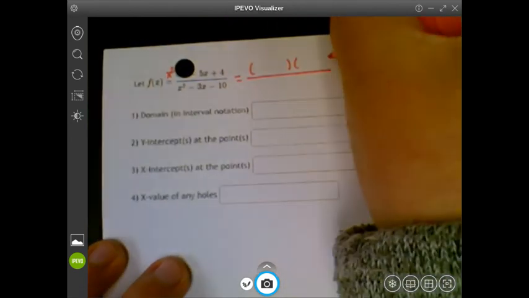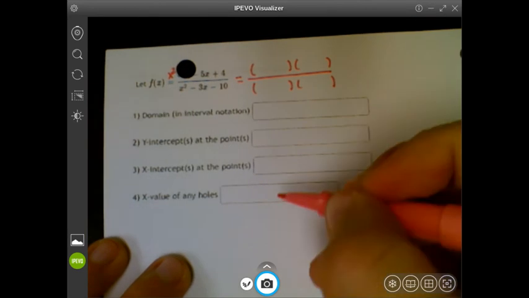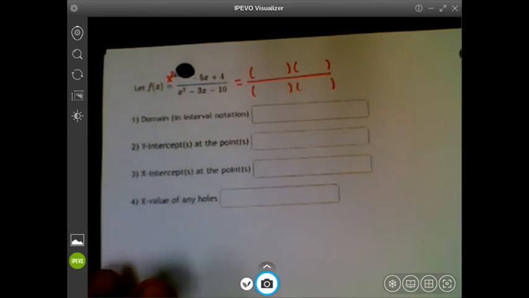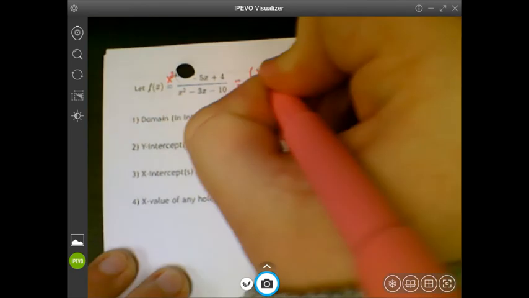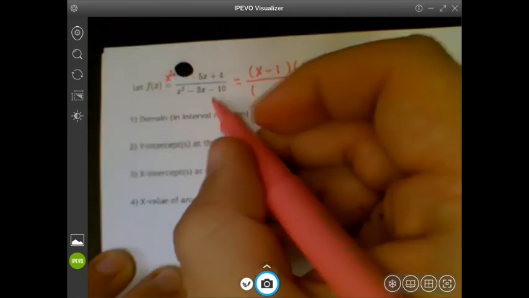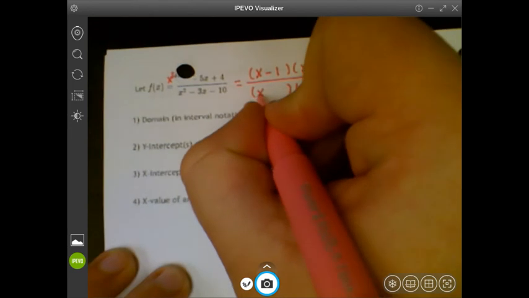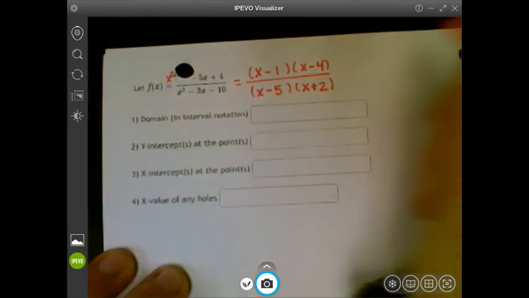So factor the top, factor the bottom, and then that's going to make it a lot easier to find all this stuff. So the top multiplies to be 4 and adds up to be negative 5, which would be negative 1 and negative 4. And the bottom multiplies to be negative 10 and adds up to be negative 3, which would be negative 5 and positive 2.